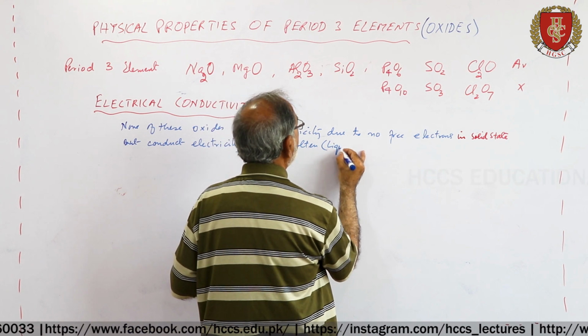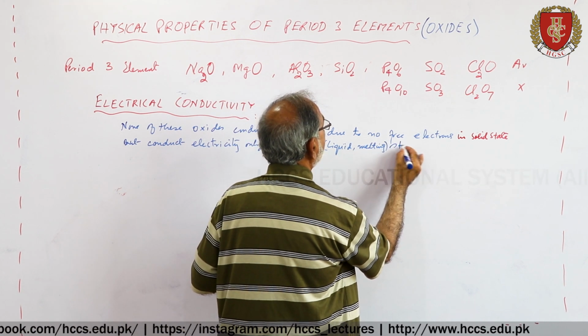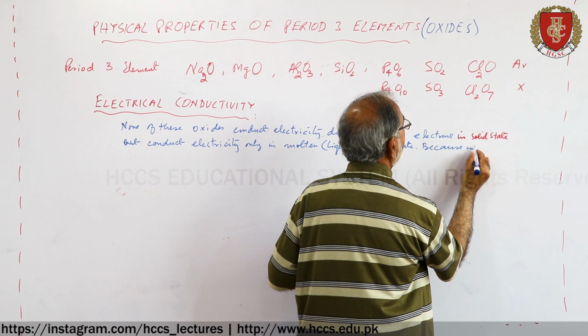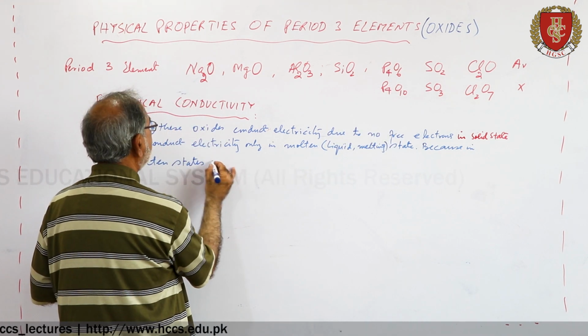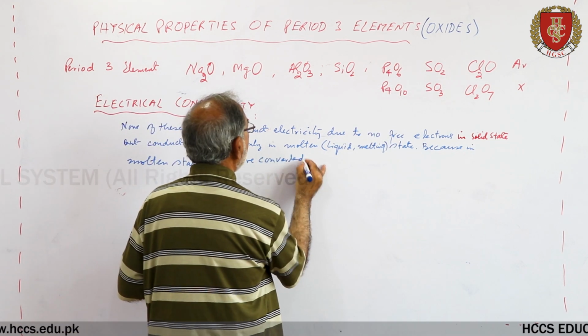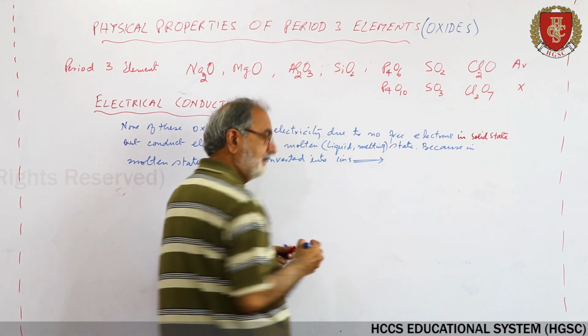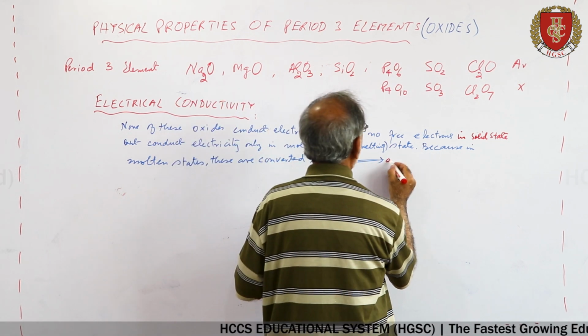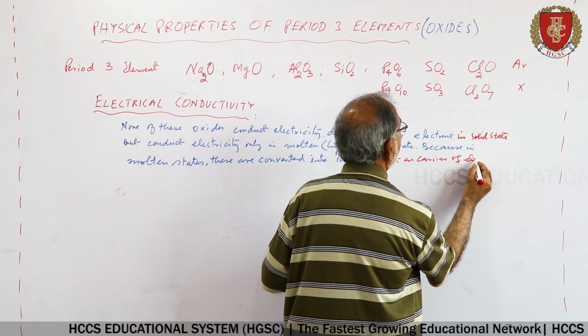Molten means liquid or melted. In the molten state these are converted into ions. Basically the ions act as carriers of electricity.